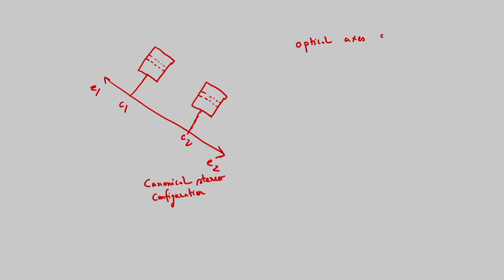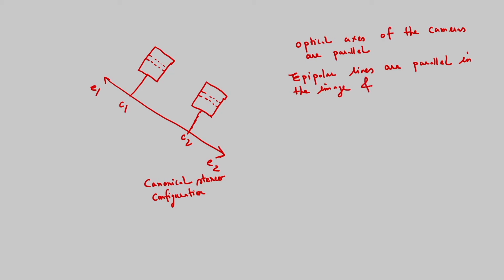So, in this configuration, optical axis of the cameras are parallel, and epipolar lines are parallel in the image and epipoles move to infinity.